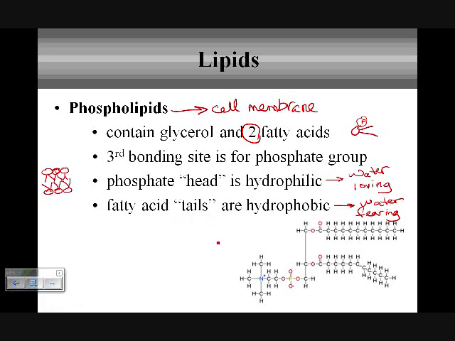So our example here being that we have one of our fatty acids, a second fatty acid, our glycerol molecule, and we've got our phosphate group.